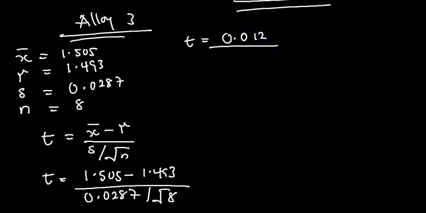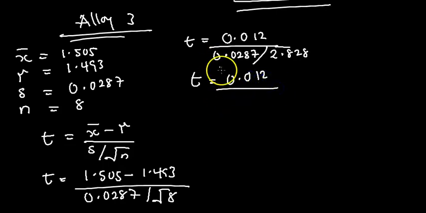For the denominator, we have 0.0287 divided by 2.828, which is simply going to be 0.0102.